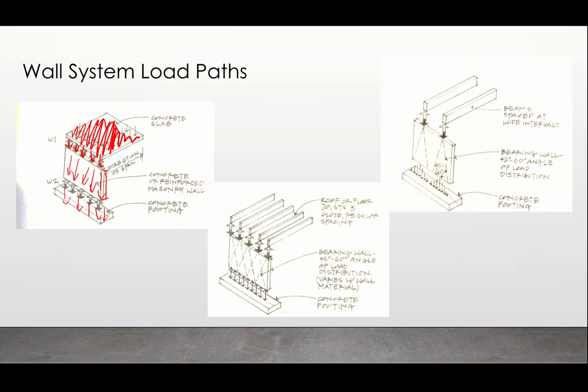So that's just nice uniform distributed loads from top to bottom. That's the same thing if it's joists, but they're spaced out evenly. They have the same distance in between all of them. It is going to create a uniform load distribution.